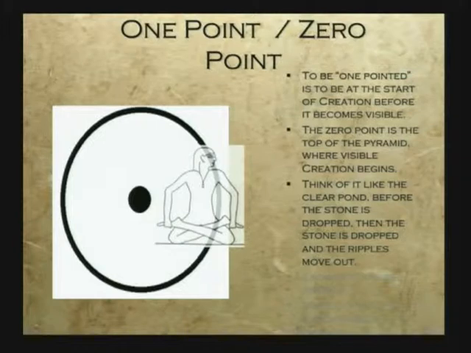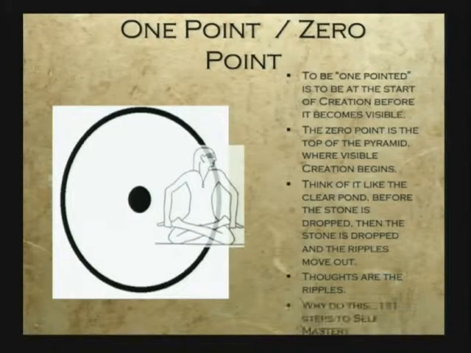And if you practice that, you acquire a certain power within mind that makes you beyond most forms of social control based on fear and domination. Become truly dangerous. So, thoughts are the ripples. So why you do this is basically the first steps to self-mastery.